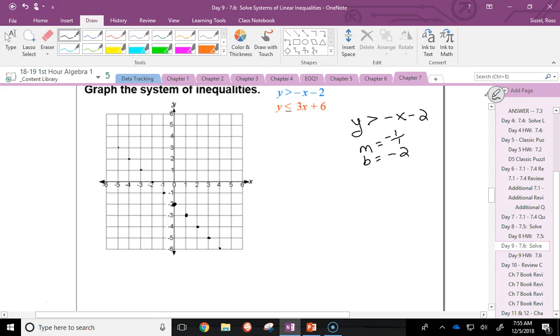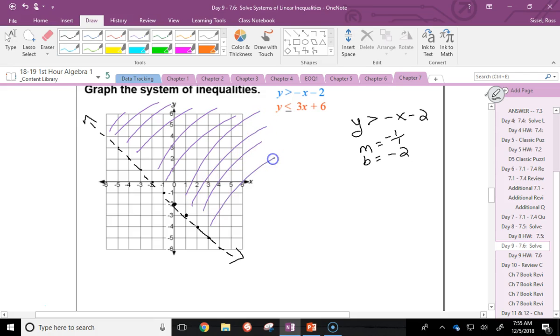Dotted. All right. And y has to be greater than, so I'm going to shade up on the top half.